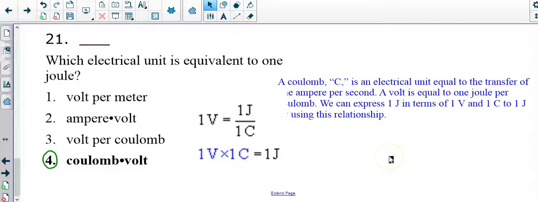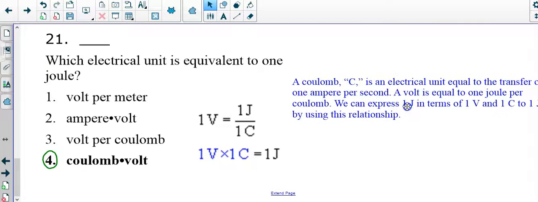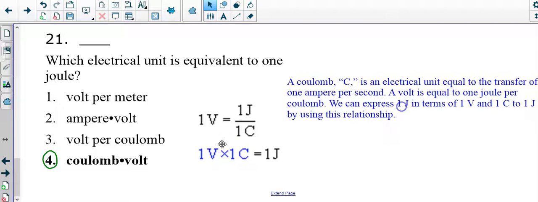Here in problem 21, which electrical unit is equivalent to 1 joule? So we know that a coulomb is an electrical unit equal to the transfer of 1 amp per second. So a volt is equal to 1 joule per coulomb. We can express 1 joule in terms of 1 volt and 1 coulomb. So a volt is 1 joule per coulomb, so a volt coulomb, or a coulomb volt, is a joule.